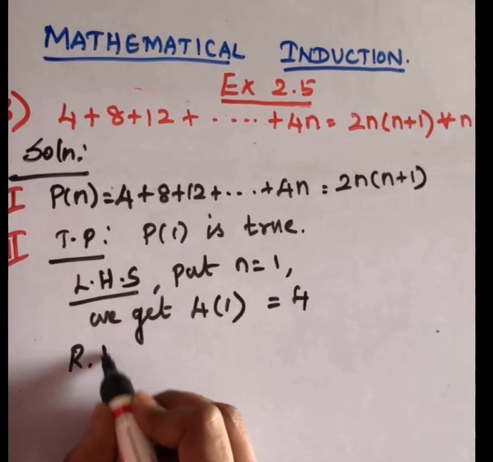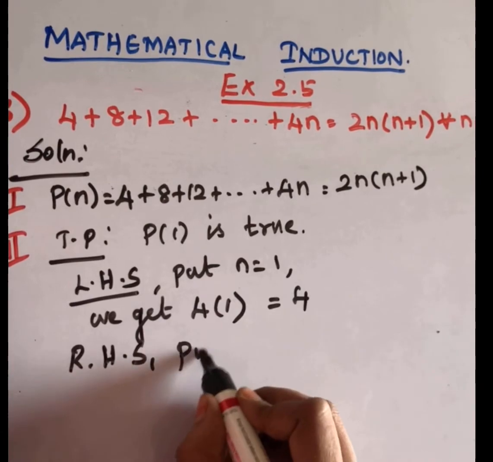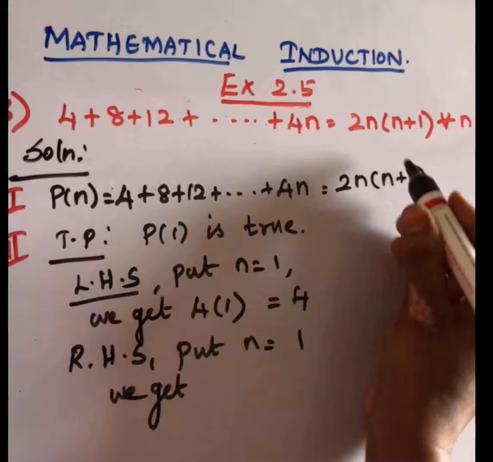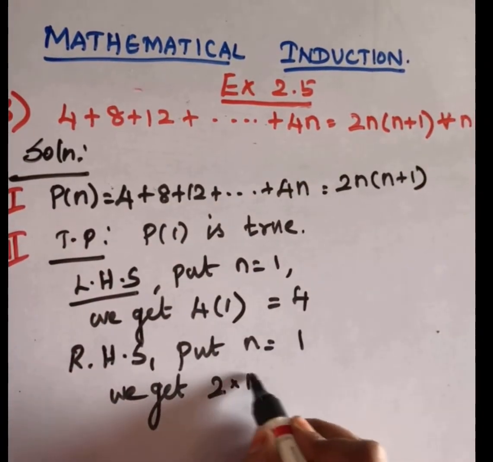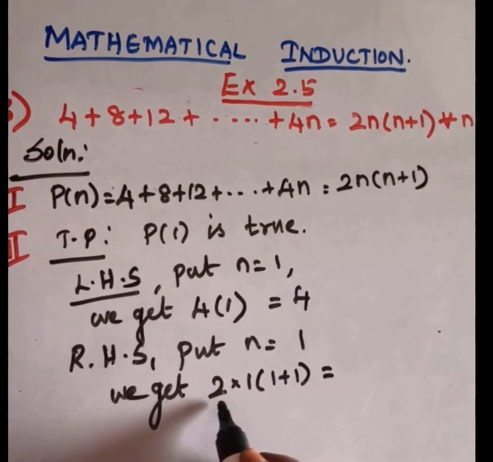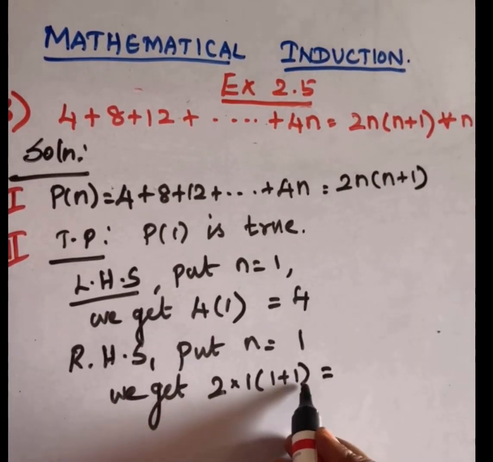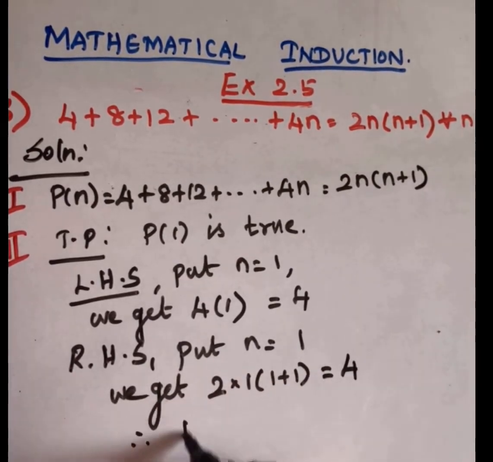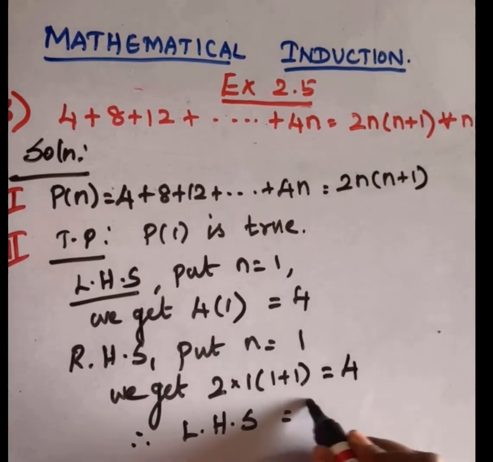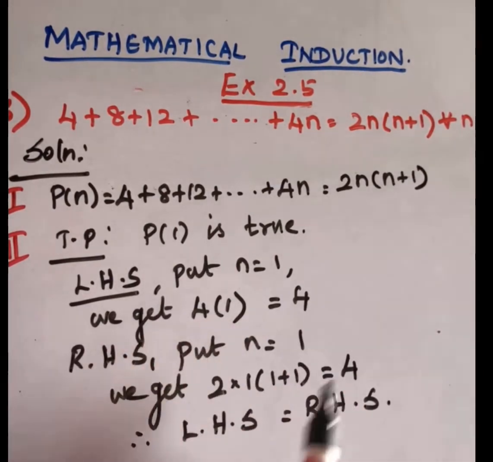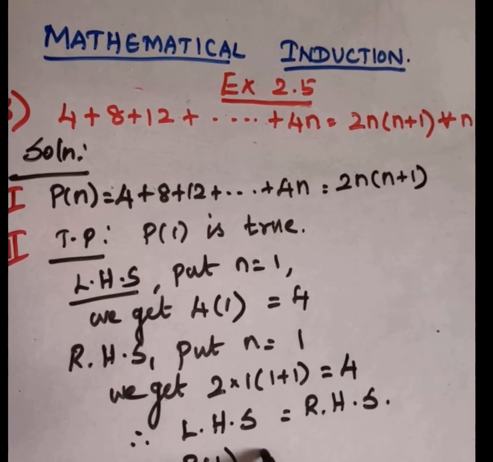Now on the right hand side, similarly put n is equal to 1 and you get 2 into 1 into 1 plus 1, that is 2 into 1 plus 1. 1 plus 1 is 2. 2 into 2 is equal to 4. So LHS is equal to RHS. Okay, LHS you get 4, right hand side also you get 4. So therefore, P of 1 is true.